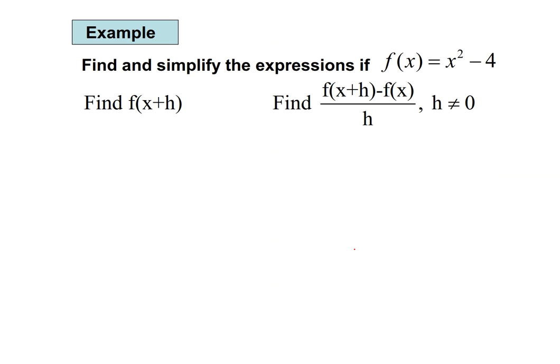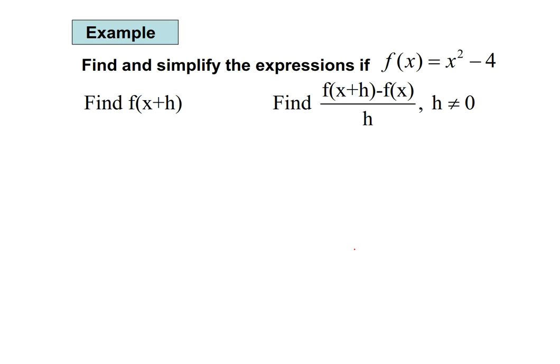Okay, so here we have f of x equals x squared minus 4. We want to use the difference quotient to find the average rate of change of that function. Again, the difference quotient is f of x plus h minus f of x, all divided by h. All right, so same thing.